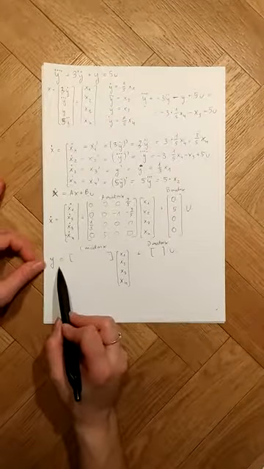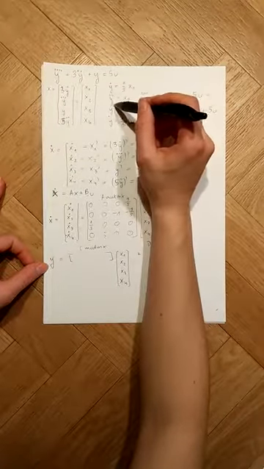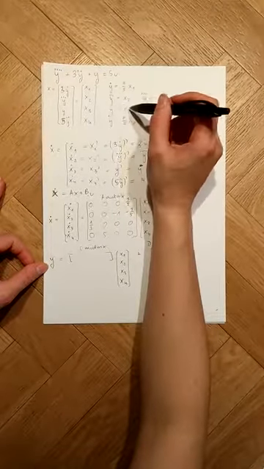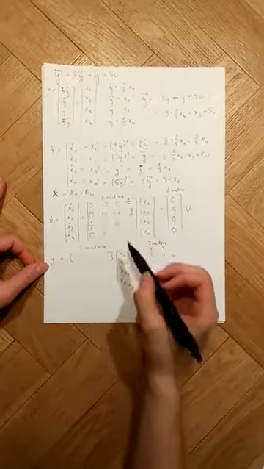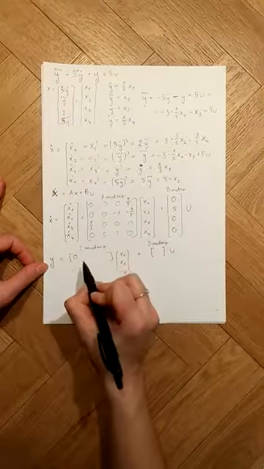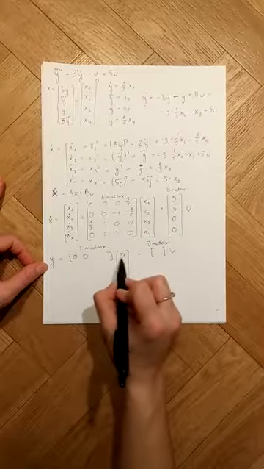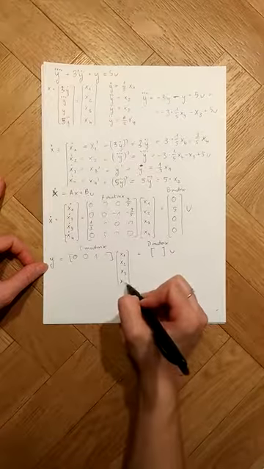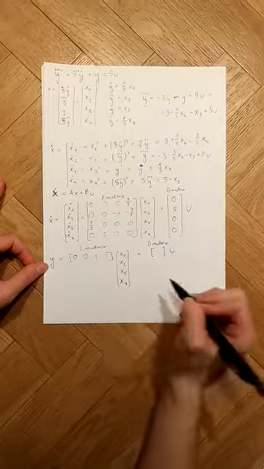We go back to those equations. As you can see, y appears only here where there's no derivative. Therefore, y is simply, in our case, equal to x3. Therefore, we have 0 times x1, 0 times x2, 1 times x3, and 0 times x4. This is how the C matrix will look.